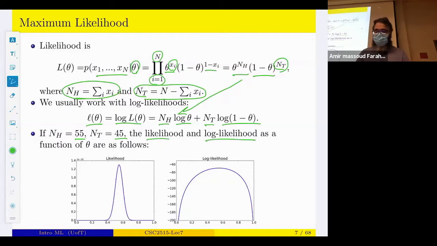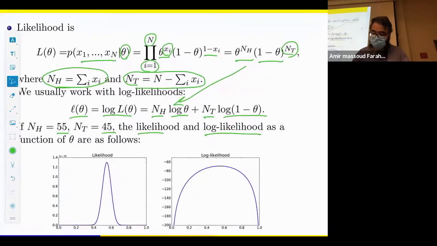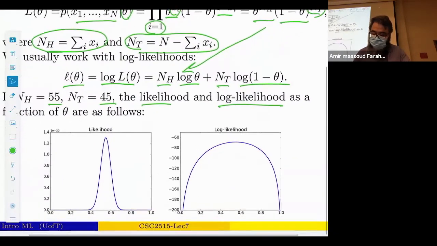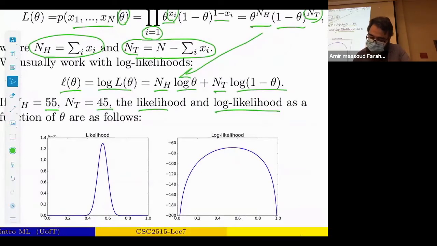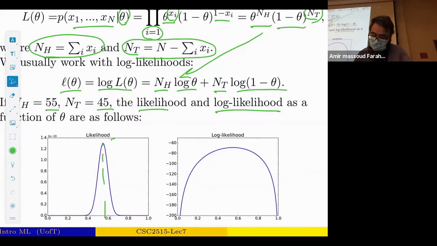So for example, if we have n_h to be 55 and n_t 45, the likelihood and the log likelihood as a function of theta look like this. So this is the likelihood, and the peak of it would be at 0.55. And the same here. But you see that the scale here is of the order of 10 to the power of minus 30.